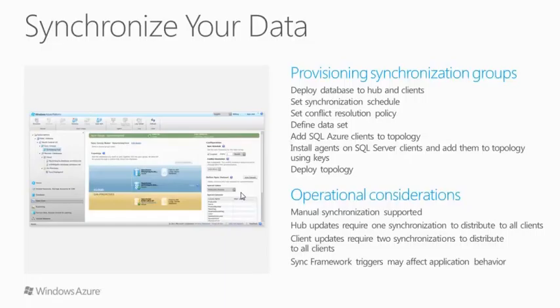And because this is based on the sync framework, the sync framework triggers may affect application behavior. Depending on how you have this set up, this may have an effect on your application. So just be careful as you set this up what effects this may have. So nothing big, but just kind of an FYI.